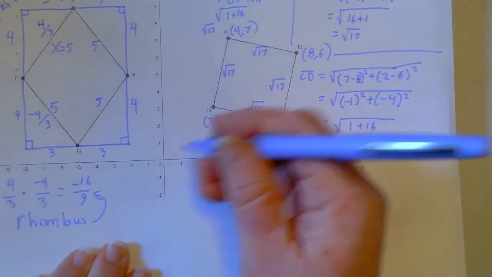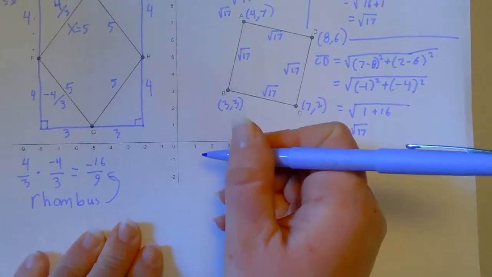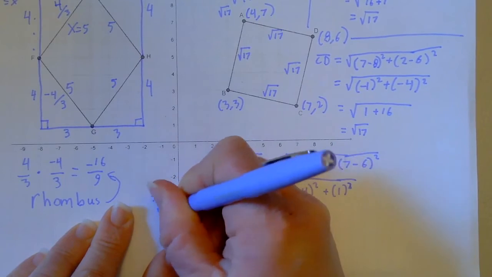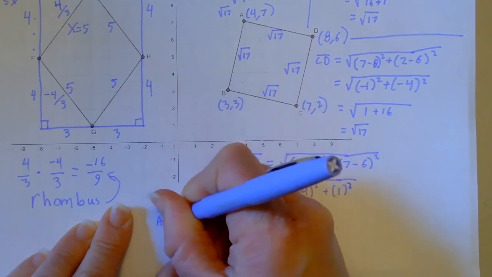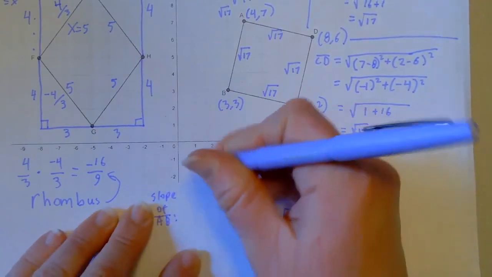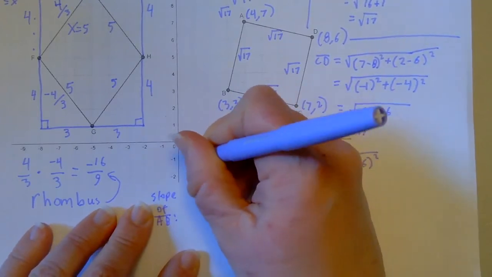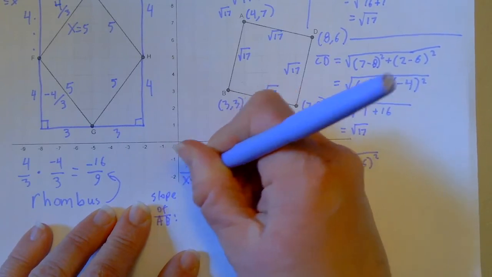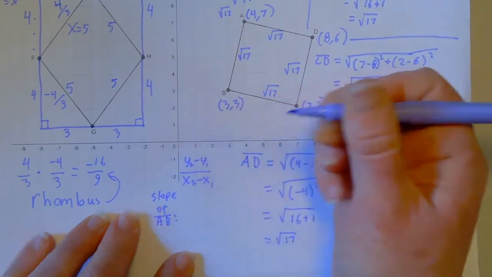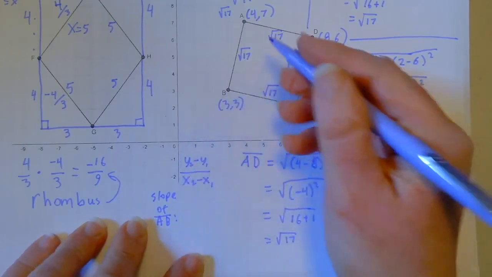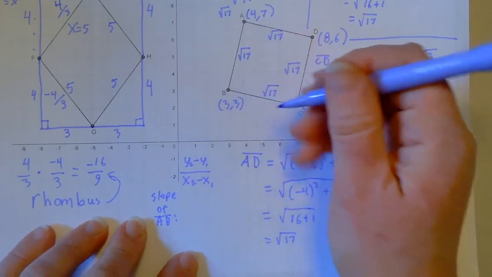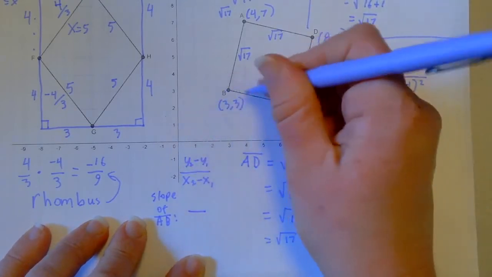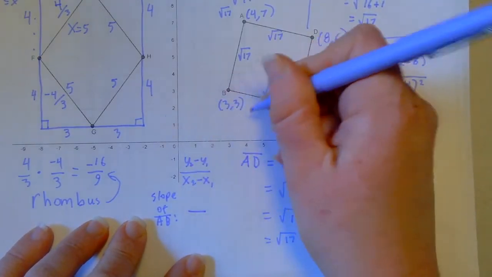So I'm going to use the slope formula on points AB. So slope of AB. And the slope formula is y2 minus y1 over x2 minus x1. And that's just the general formula. So for AB, that means that B is going to be my x2, y2.